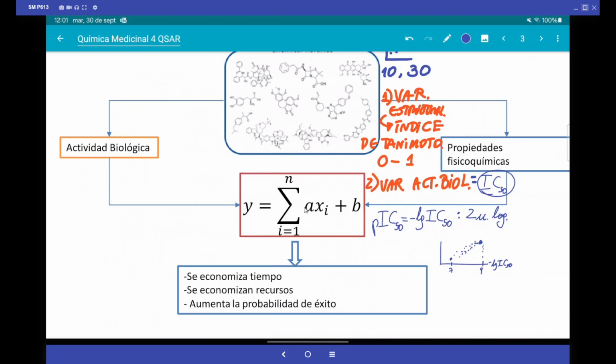If the coefficients are positive, they contribute to the activity. If the coefficients are negative, that physical-chemical property subtracts from the biological activity. That is, it makes it smaller.